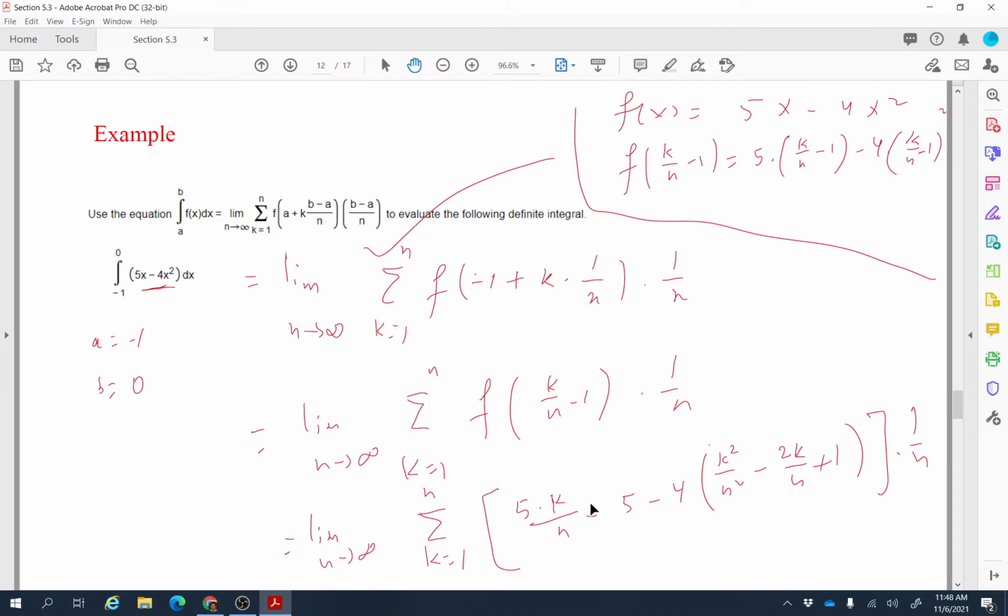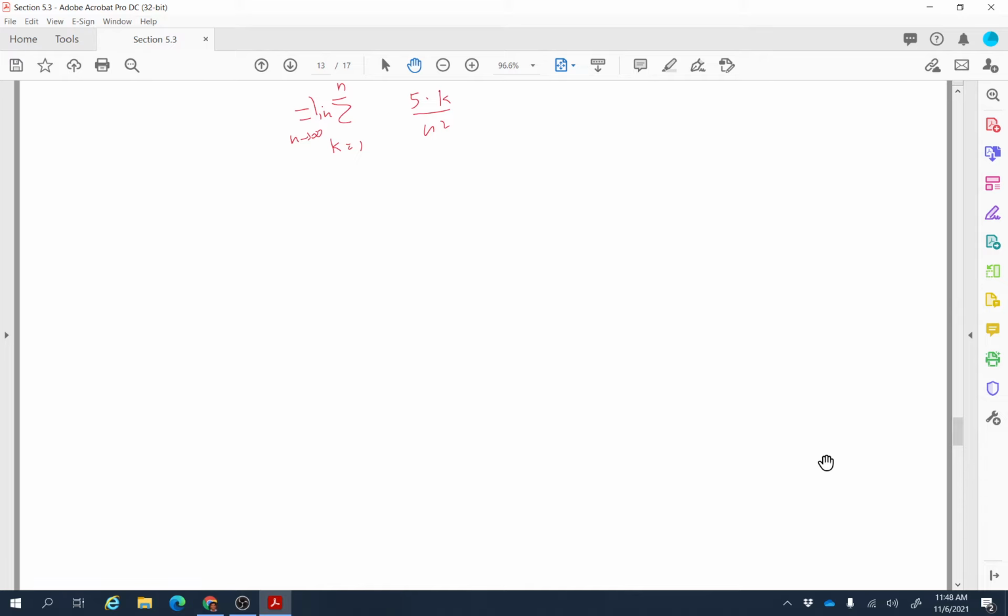If I multiply every single term by 1 over n and distribute this 4, this is what I'm going to get: 5 times k over n squared minus 5 over n minus 4 over n cubed times k squared plus 8 over n squared. Multiplying by the negative sign makes it positive, minus 4 over n.